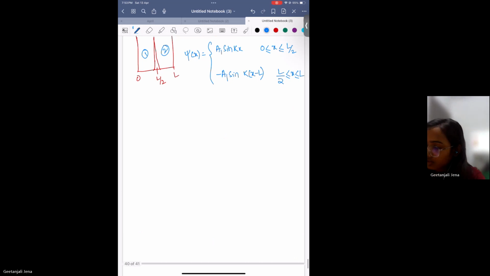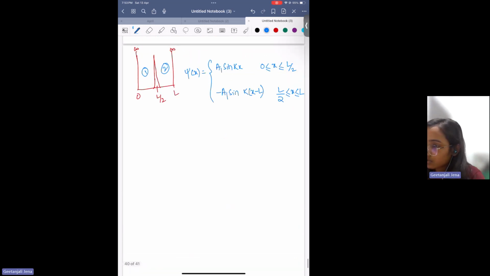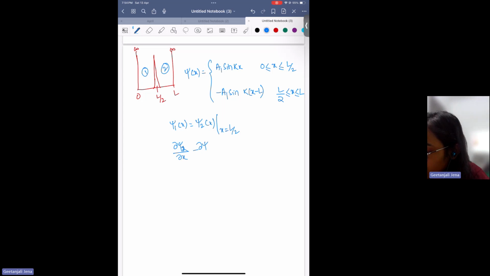The continuity conditions for regions 1 and 2 are psi1(x) equal to psi2(x) at x equal to L by 2, and the derivative of psi2 minus the derivative of psi1 equal to 2m lambda by ħ² times psi1(L by 2), evaluated at x equal to L by 2.